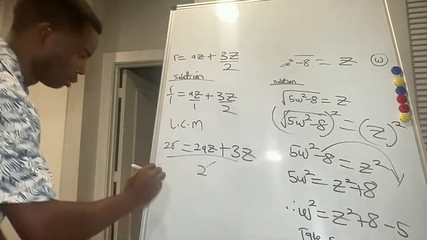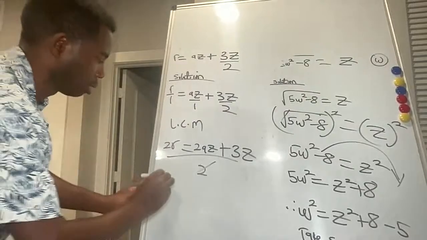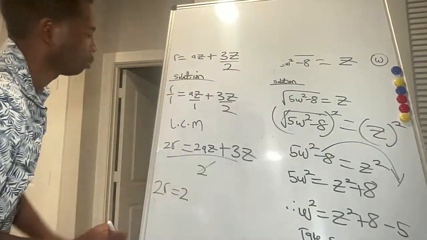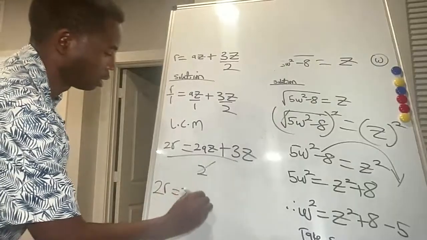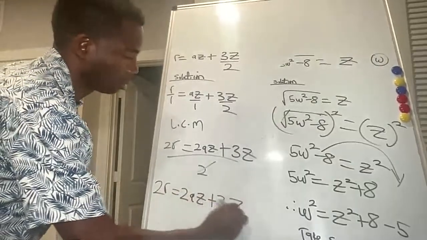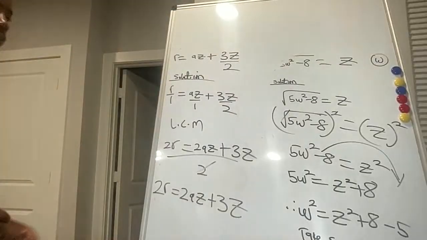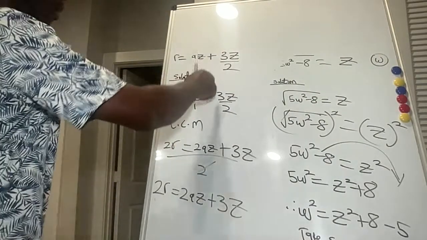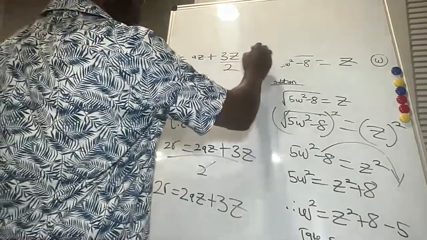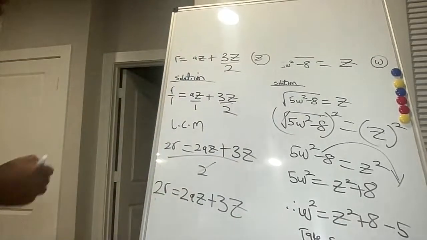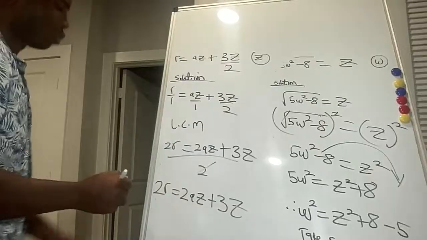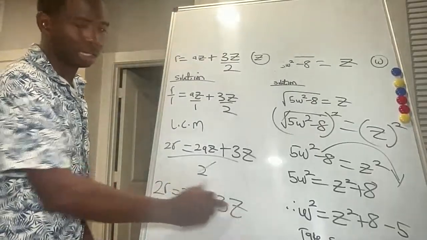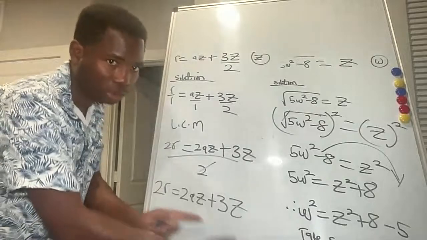Bring it down. So you have a linear equation now: 2r is equal to 2az plus 3z. We are making z the subject of the equation. You can see there's z here, 2az, and there's z here, 3z. Anyone that has z should go to the left hand side.